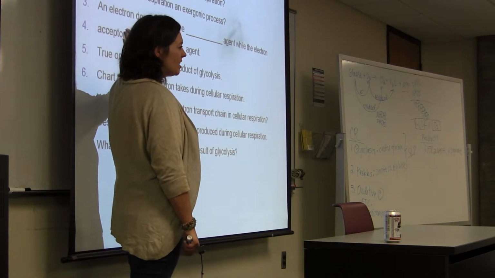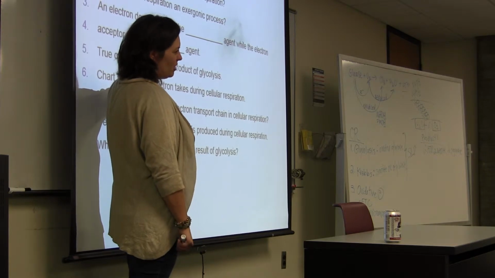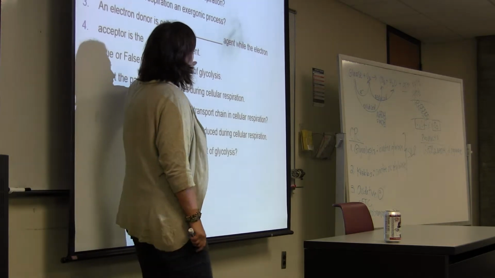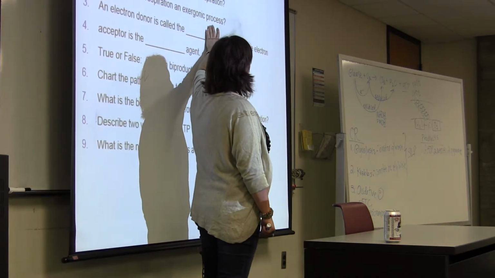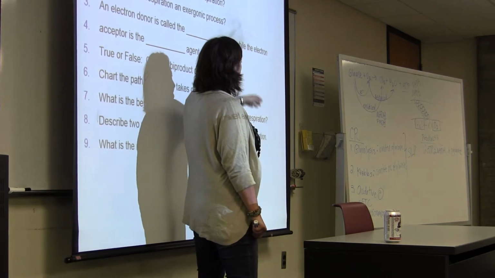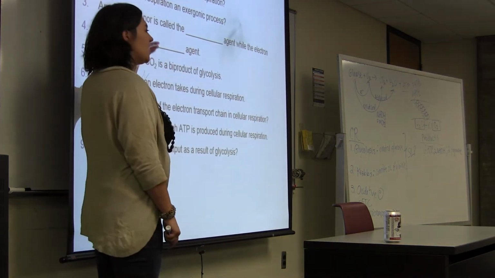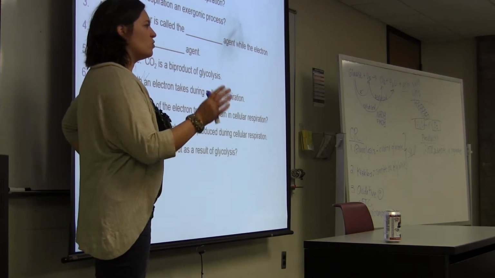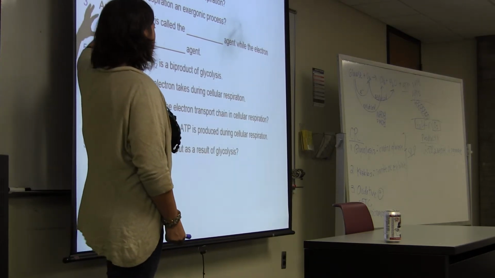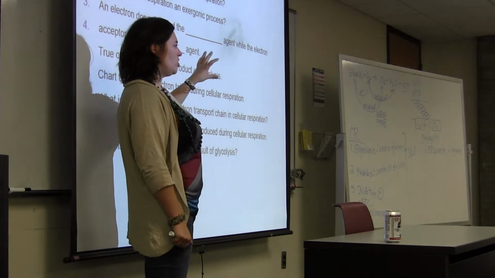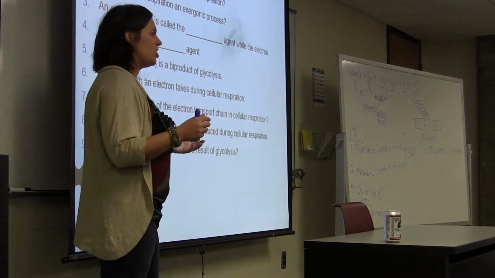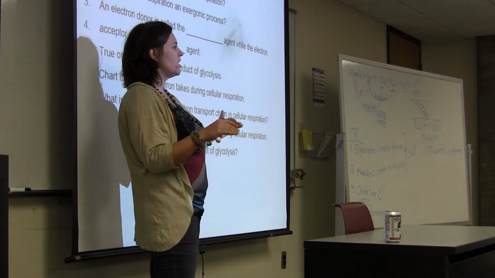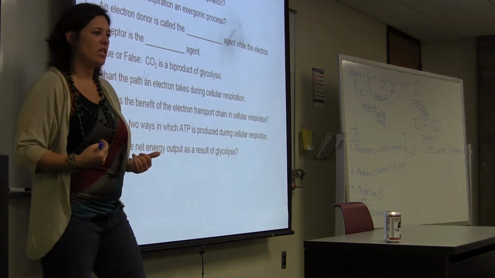Even though it's being oxidized, it's called the reducing agent. And then the oxidizing agent is the one that's going to be accepting the electron. So it's kind of switched. But the main thing is I want you to know that an oxidation is donating electrons and a reduction is accepting electrons.